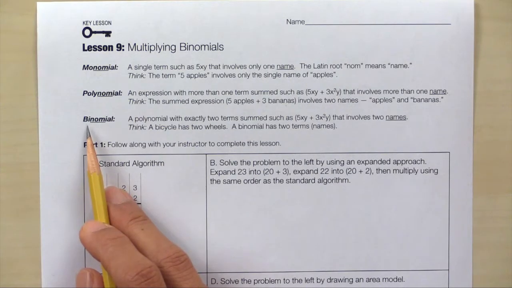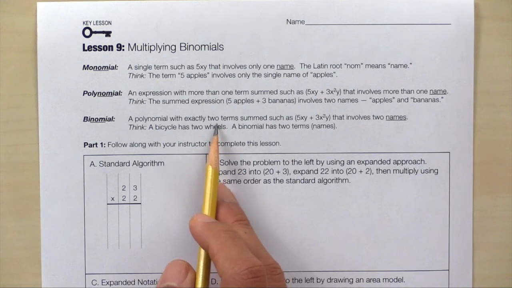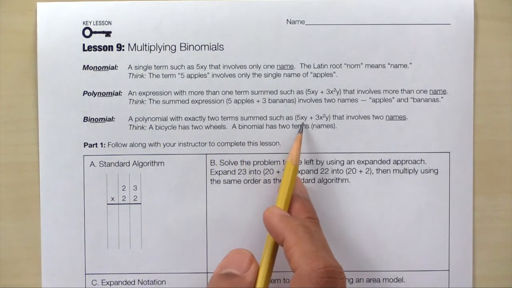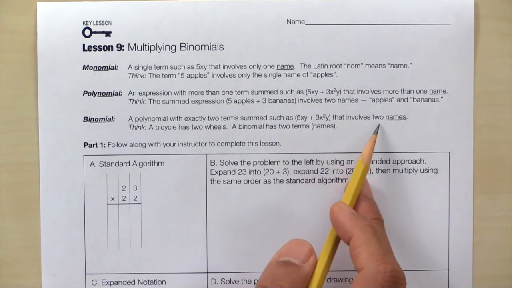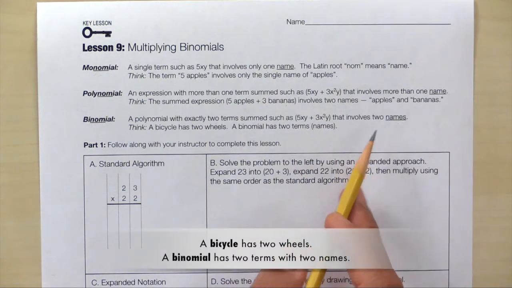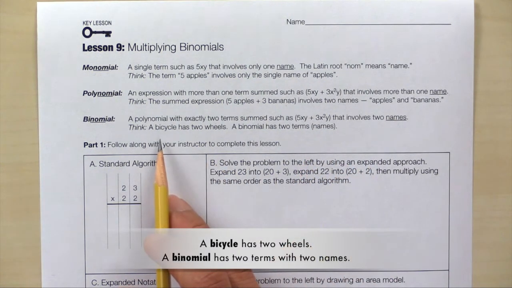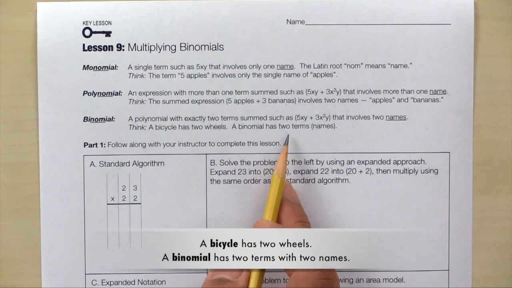Finally, binomial. A binomial is a polynomial with exactly two sum terms, such as 5xy plus 3x squared y, that involves two names. And just think, a bicycle has two wheels. So a binomial has two terms.